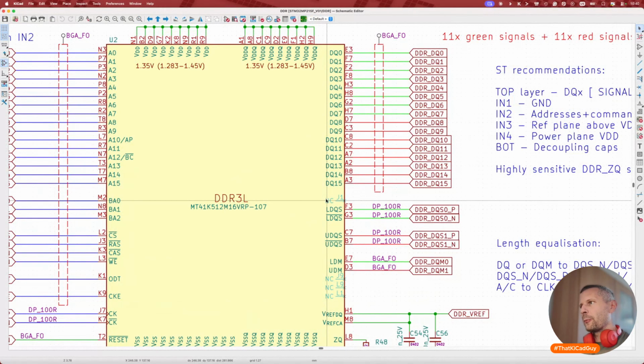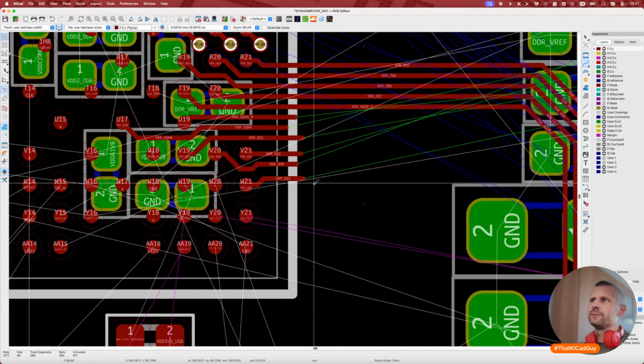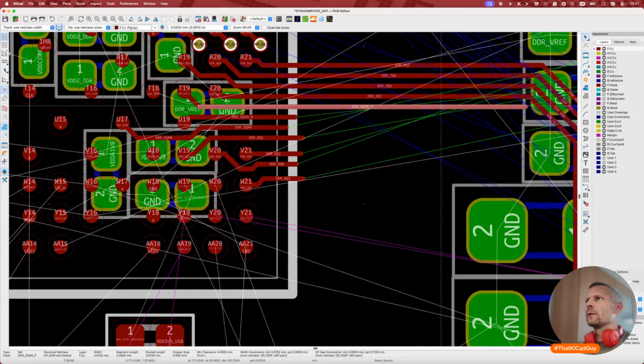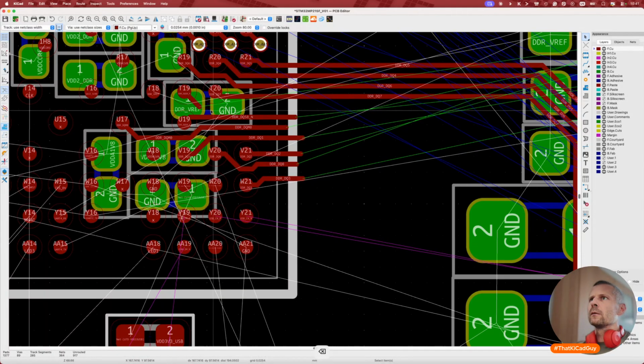DQS are pairs and DQM is not a pair. So DQS are pairs. Okay, so this signal is a pair.